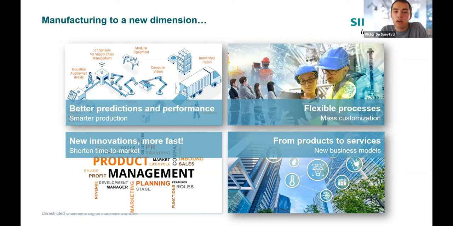How can I meet my demand with the current supply? How can I increase my supply? How can I do cost reductions and so on? How can I integrate new technologies in order to help me drive these predictions and these performance optimizations?